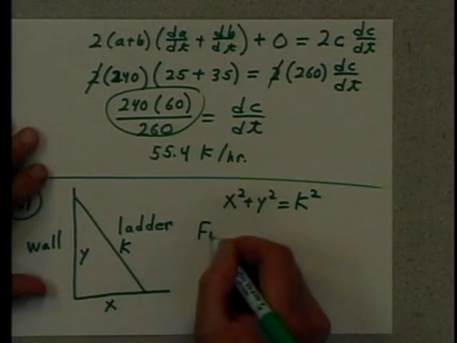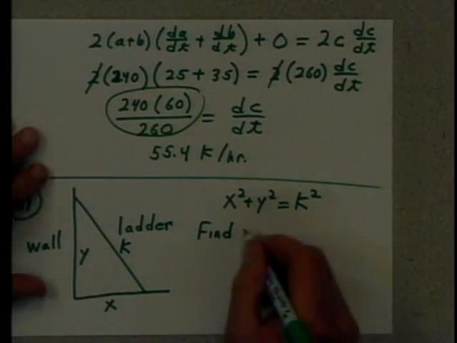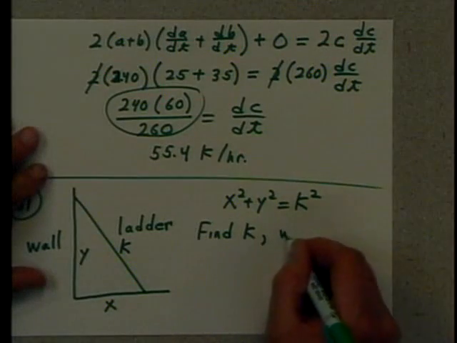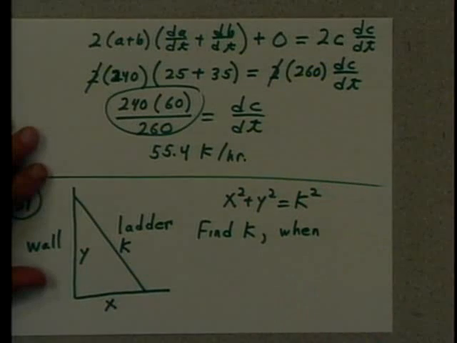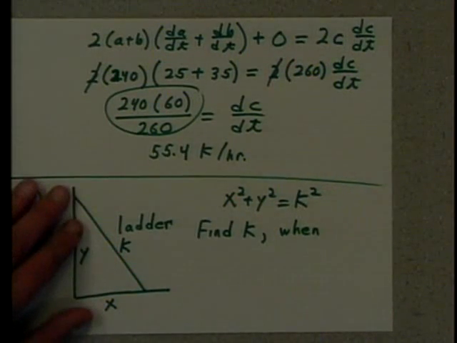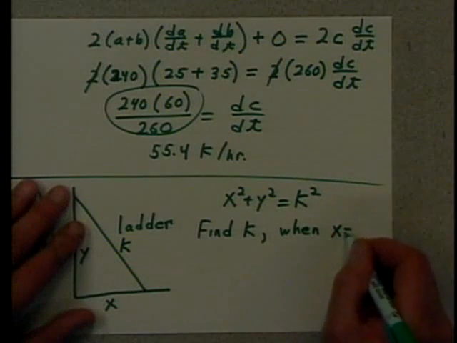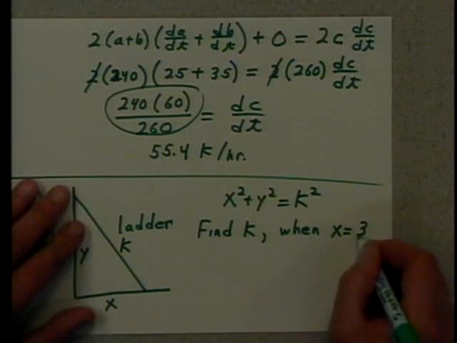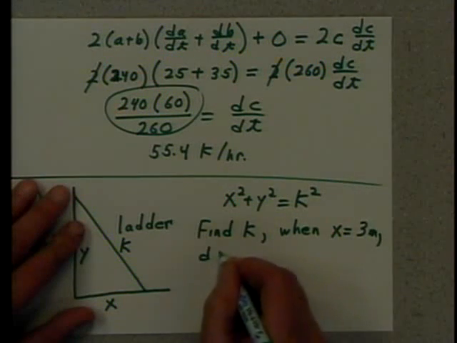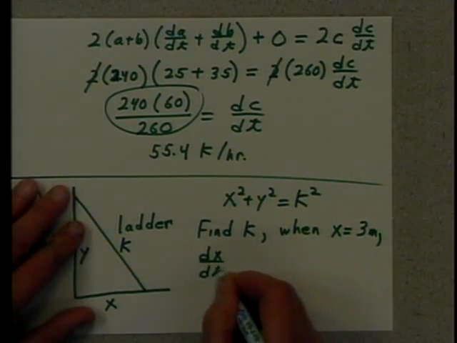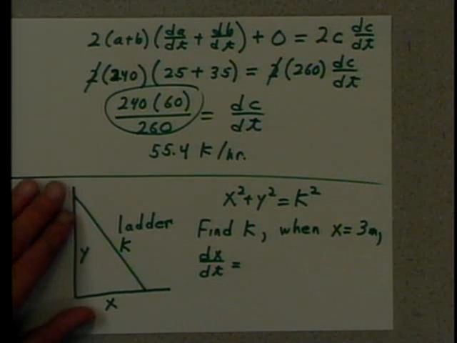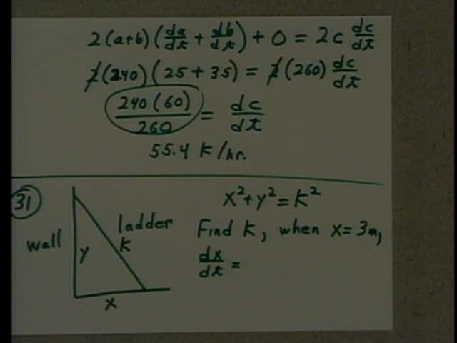Okay, what do I want to find? K. Just want to find k. And under what conditions do I want to find it? When x is how long? 3 meters? Okay, dx dt is what? Well, I don't know.